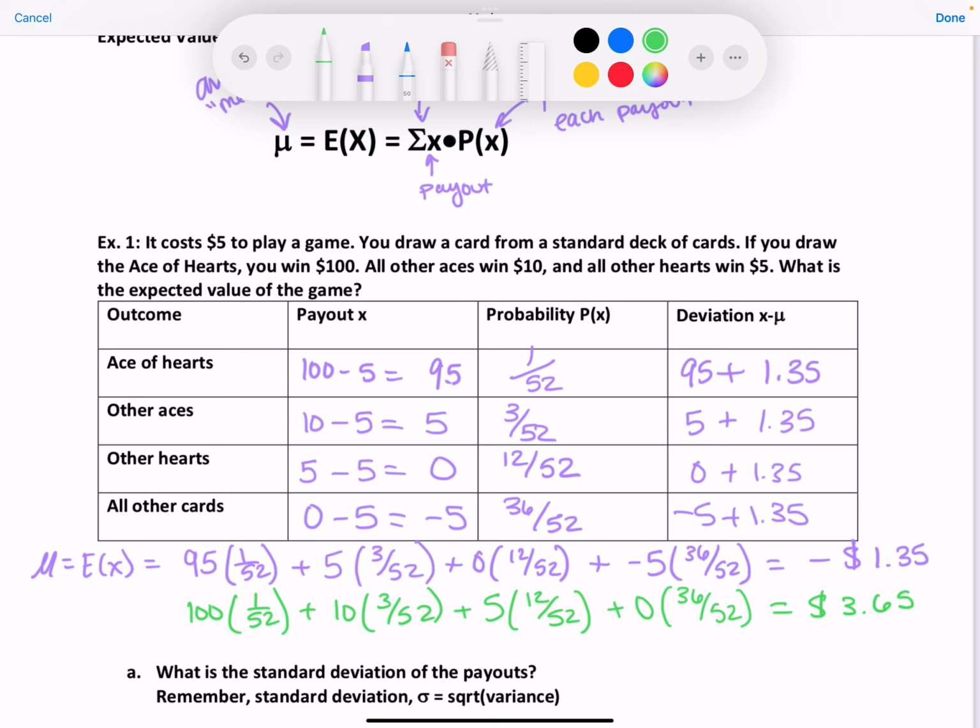And that tells you how much you expect to win on average. But if you account for the fact that you paid the $5 to play and we subtracted $5 from this, it'll give us negative $1.35.